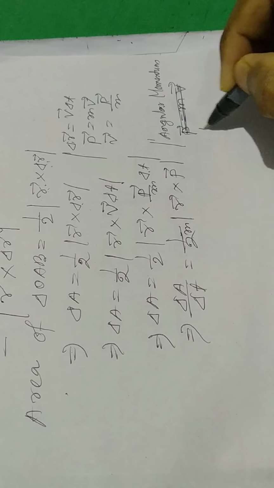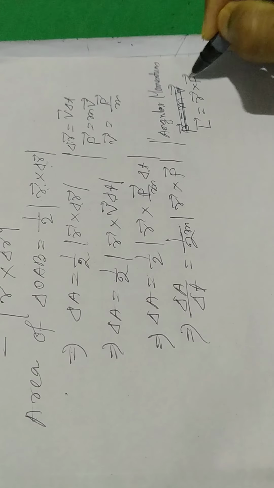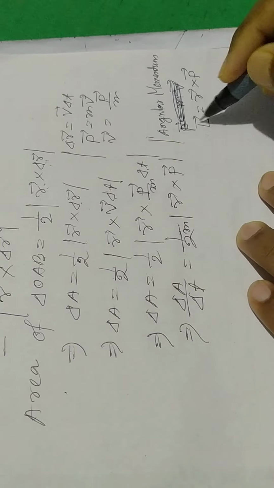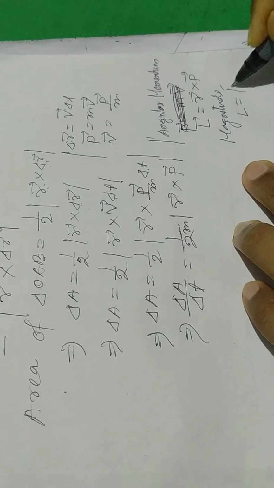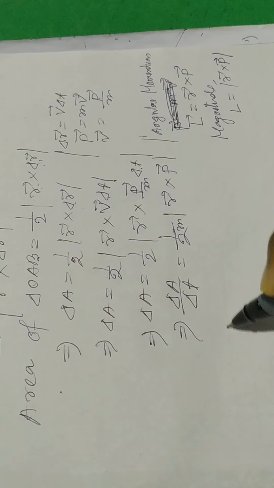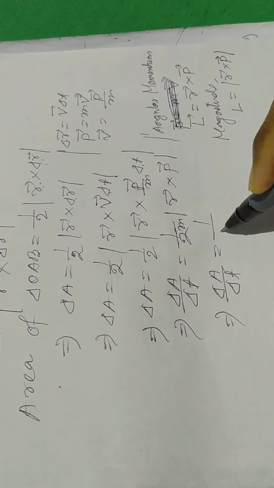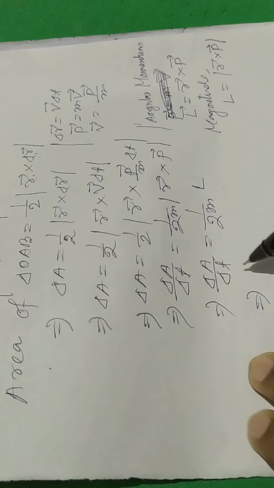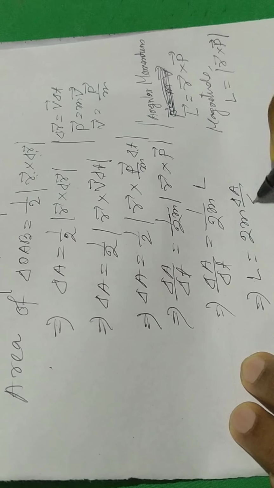Angular momentum L in vector form equal to R cross P. If we take magnitude, L equal to the modulus of R cross P. So here del A by del t equal to 1 by 2m into L. So L equal to 2m del A by del t.